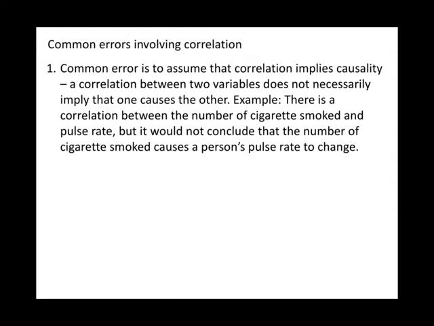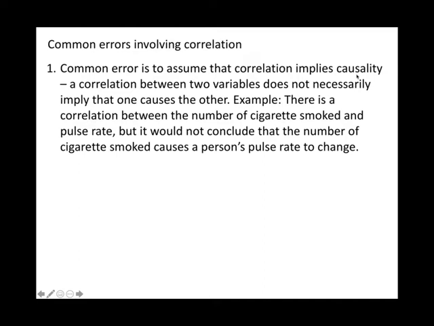But I can't draw the conclusion that the number of cigarettes smoked causes a person's pulse rate to change. I can only say that there is an association between these two variables, but I can't say that one variable causes another variable to happen. So we say correlation does not imply causality.